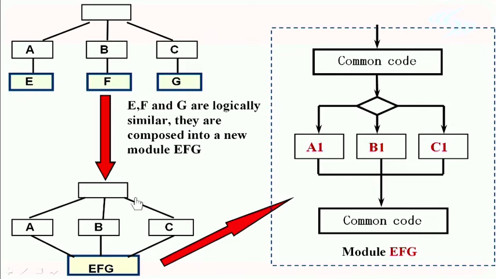So if Module A is calling the module, it should do something special for Module A. If it is called by B, then it should do something for Module B. And the same with C. So you can see that the interface between the calling module and the called module will be very difficult to understand.